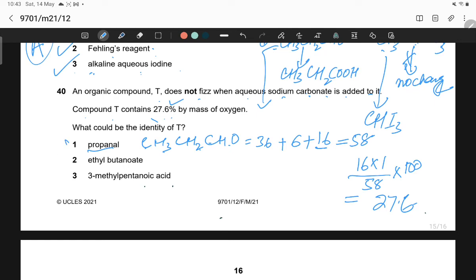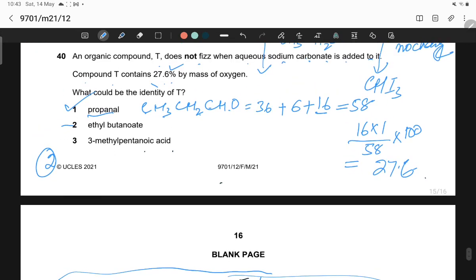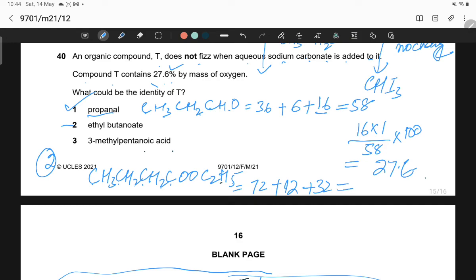So this is correct. Number 2 is ethyl butanoate, CH3CH2CH2COOC2H5. 12 times 6 is 72, plus 12 hydrogen and 32 oxygen, so this is equal to 116.